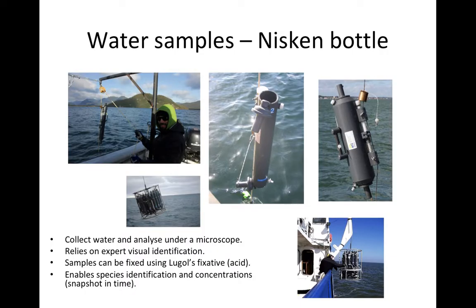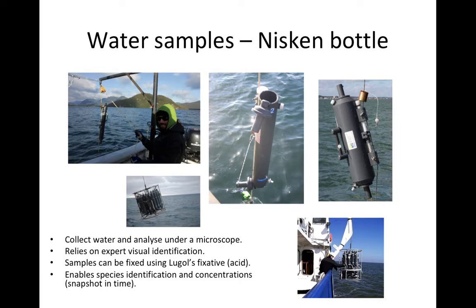So the idea is you collect the water samples, you then fix them in a dilute acid which kills the plankton, and that enables the water sample to be analysed at a later date for identification of the different groups and species within that water sample. Now this method is a snapshot in time vertically, so it's not integrated, although I suppose you could consider it to be integrated over the length of the tube.